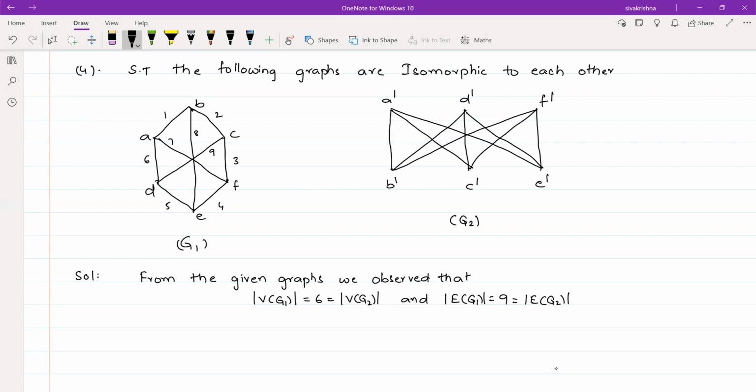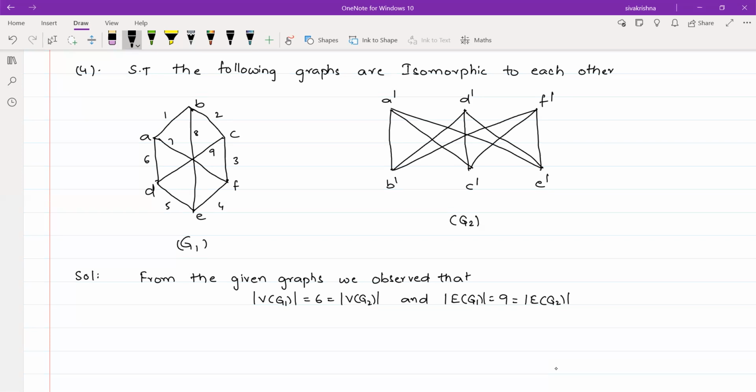Whenever we are having 3 edges incident on a particular vertex, we say that the degree of that vertex is 3. If you observe any vertex in graph 1, each and every vertex is of degree 3. Coming to graph 2, in graph 2 also each and every vertex is of degree 3.